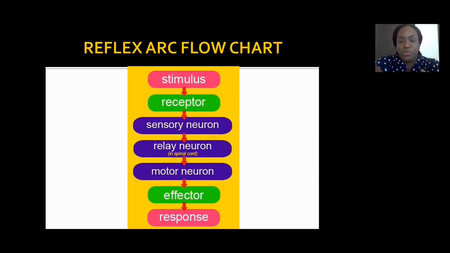So you have stimulus, receptor, sensory neuron, relay neuron in your spinal cord, motor neuron, and effector, which could be a muscle, a gland, a tissue or an organ, whatever it needs to bring about the appropriate response. Remember, these actions are automatic. You do not have to think about it.